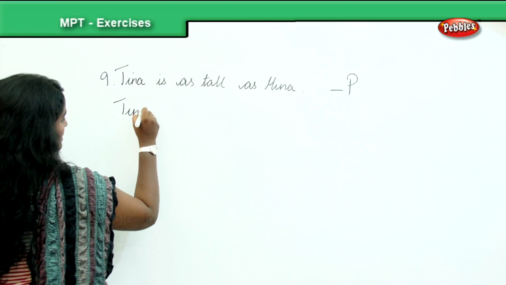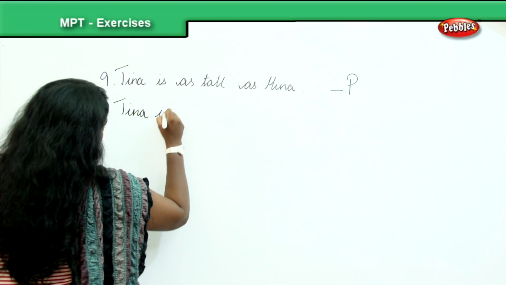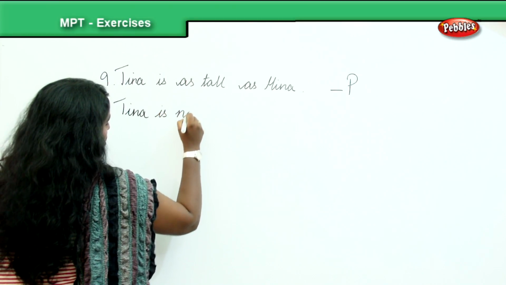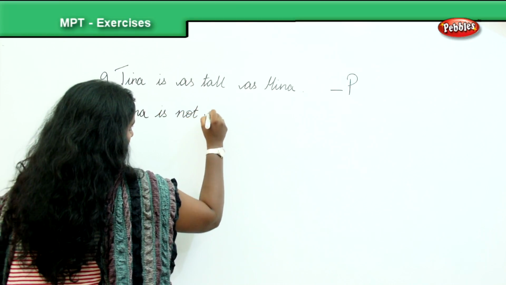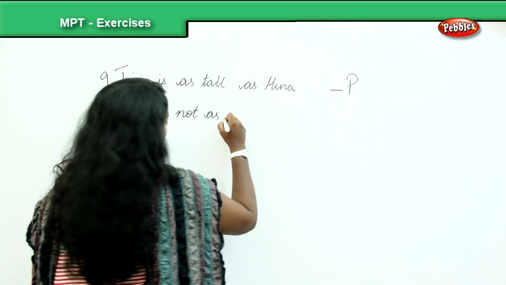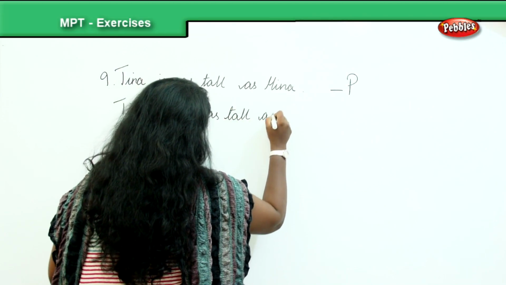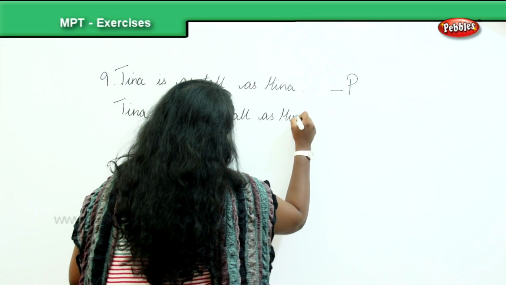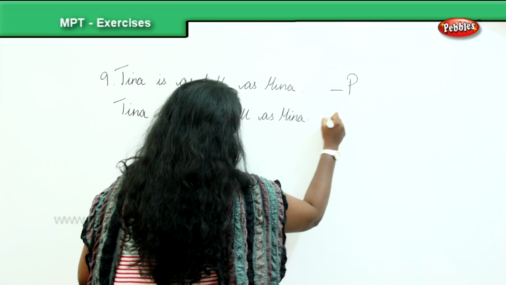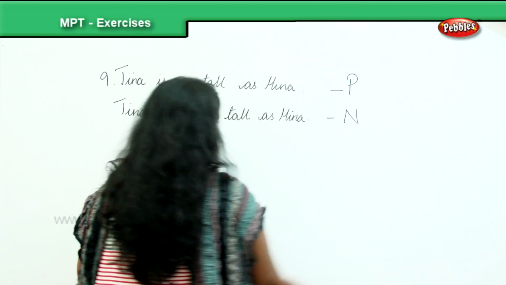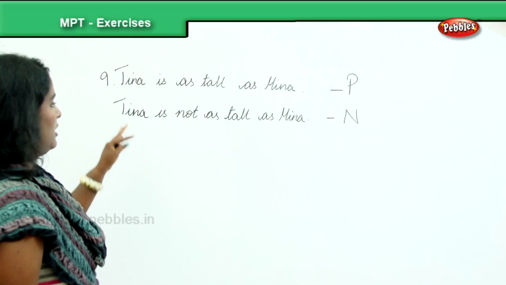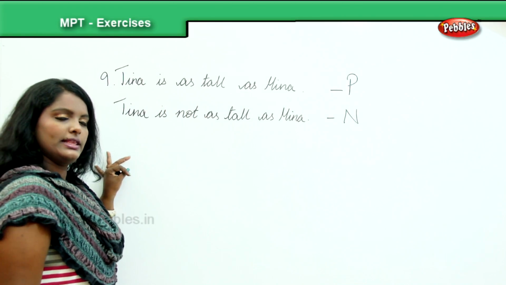Tina is not as tall as Meena. That's a negative form. How are we going to go about with the interrogative?